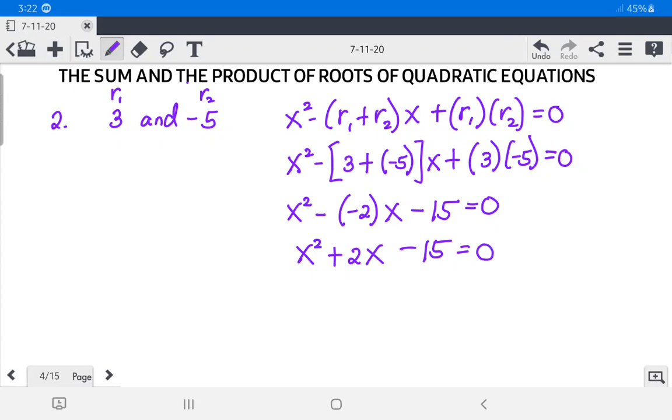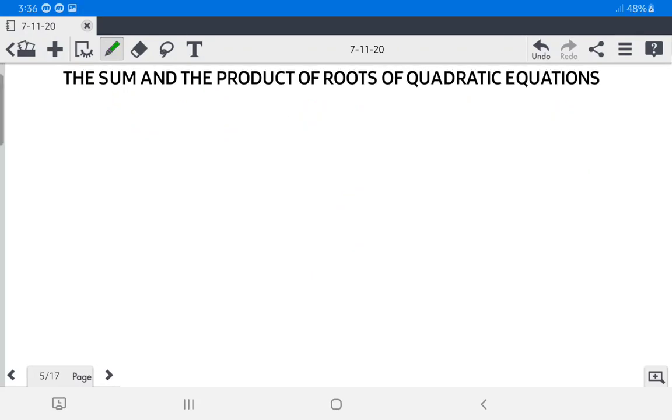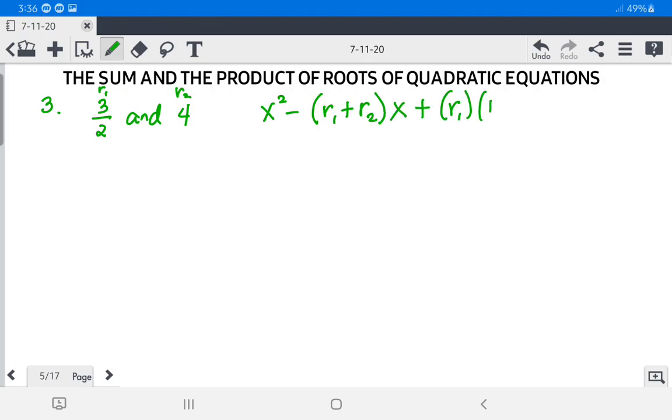Okay, next, number 3. Let's say we have 3 halves and positive 4. So here, this is the first root, this is the second root. Using the formula, we have x squared minus r sub 1 plus r sub 2 x, then plus r sub 1 times r sub 2, then equals 0.